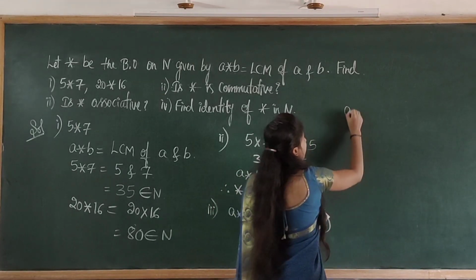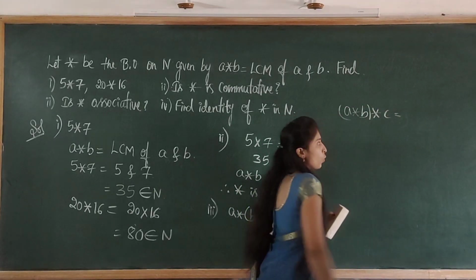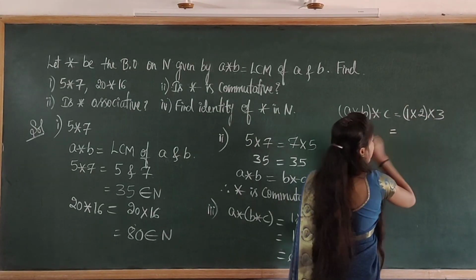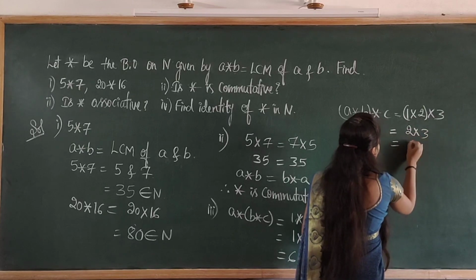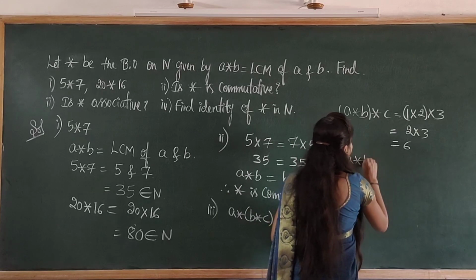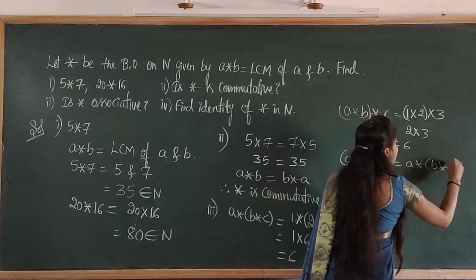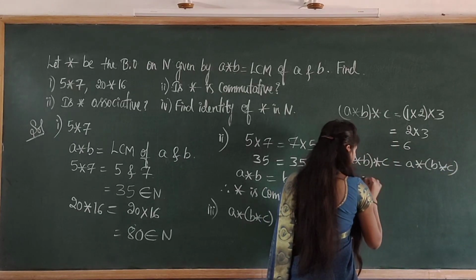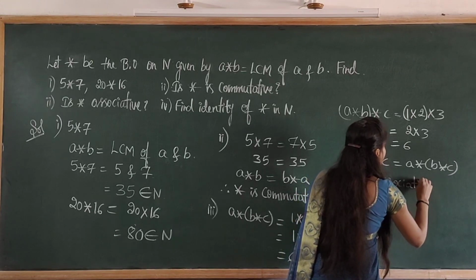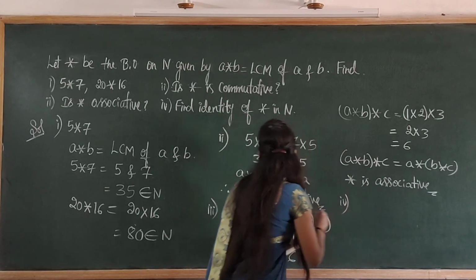For A star B star C the other way, 1 star 2 star 3, you get 1 star 6, that is 6. So A star B star C is equal to A star B star C. Star is associative here. Right, it satisfies.